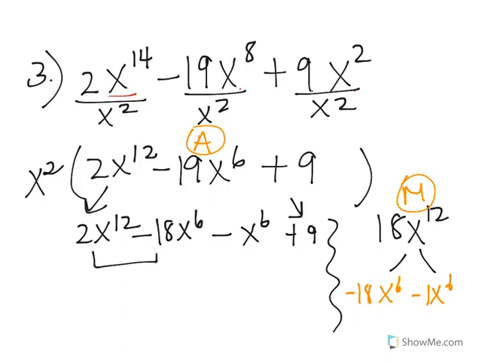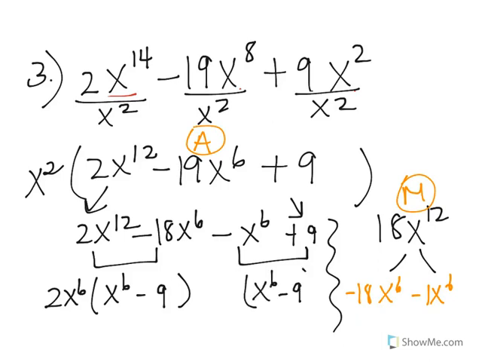And then we factor by grouping. So in the first group, we have a GCF of 2x to the 6th. And that would leave us with x to the 6th minus 9 in parentheses. So we're going to copy and paste x to the 6th minus 9 in our second group.